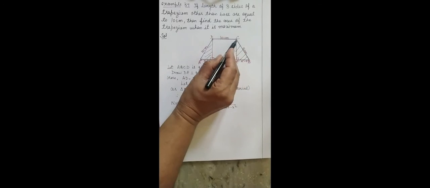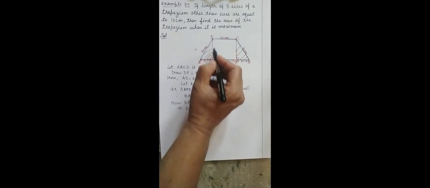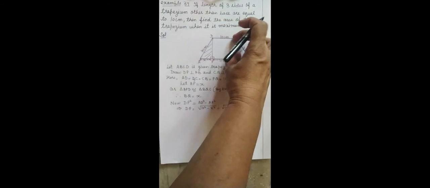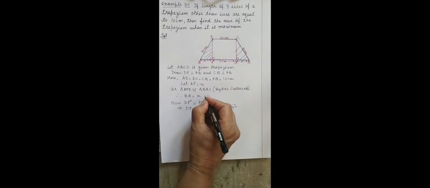Then students, this is the hypotenuse which is given to be 10. Again, this is the hypotenuse, and it is given to be 10. And as DP and CQ are perpendicular distances between two parallel sides, they will also be equal. So by RHS criteria, triangle APD is congruent to triangle BQC. So if I have taken AP equal to x, then BQ will also be equal to x.